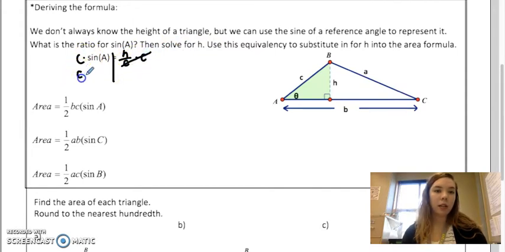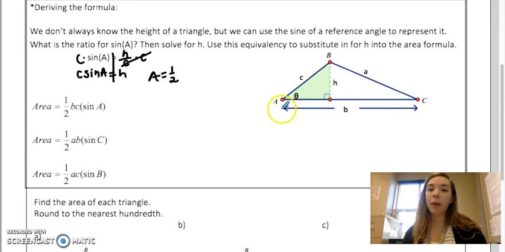So the height is c times sine of A. And then if you plug that into your area formula, you'd have 1/2, your base in this case is b, and then your height is c times the sine of A. So this is now your new area formula if you don't know this height already.